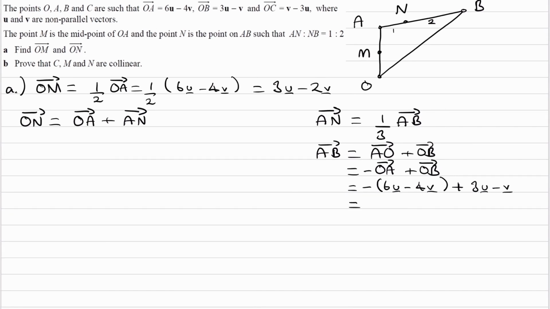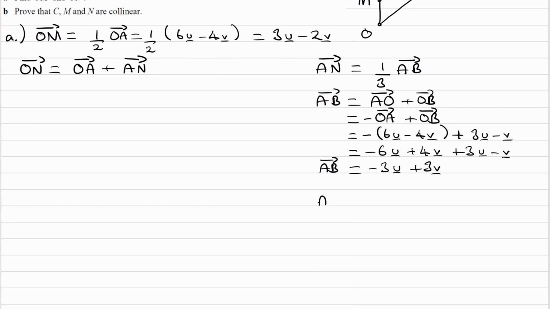So let's expand this out and simplify. We can now group together the u's and the v's, and this becomes minus 3u plus 3v. So that's what AB is equal to, so maybe I'll put that over here, so we can refer to it later if we need to. And then AN would be a third of minus 3u plus 3v, which is minus u plus v.